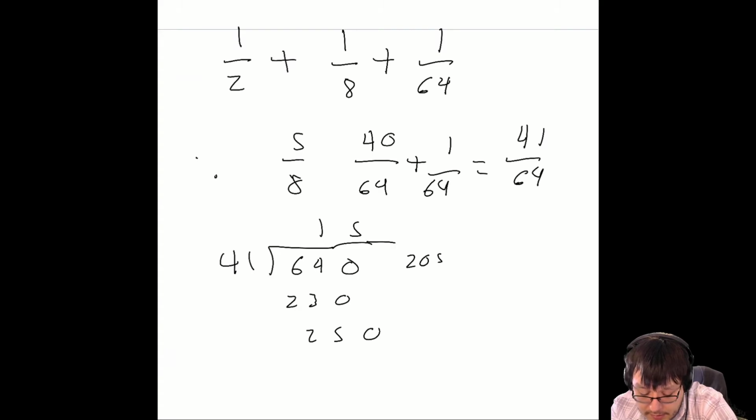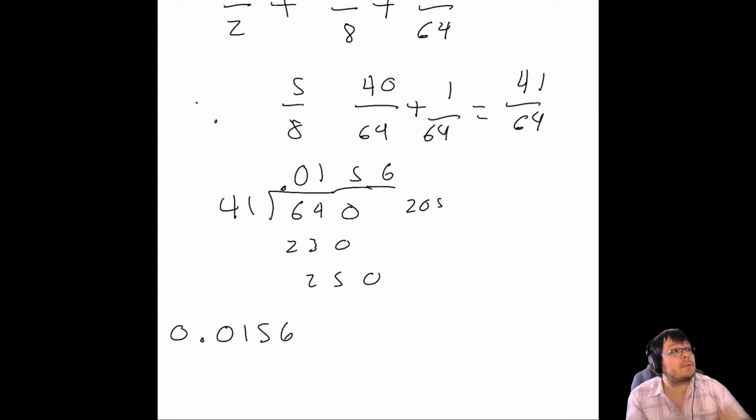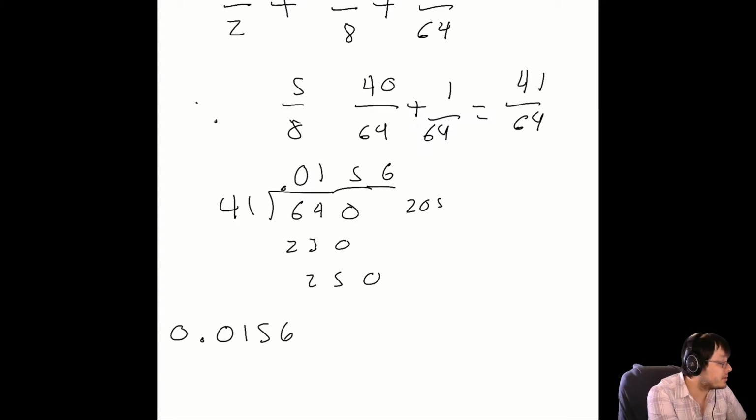And then again, this would be 4 times 5, 4 times 6 this time. Close enough. So let's go ahead and put in 0 here. So this is approximately 0.0156.